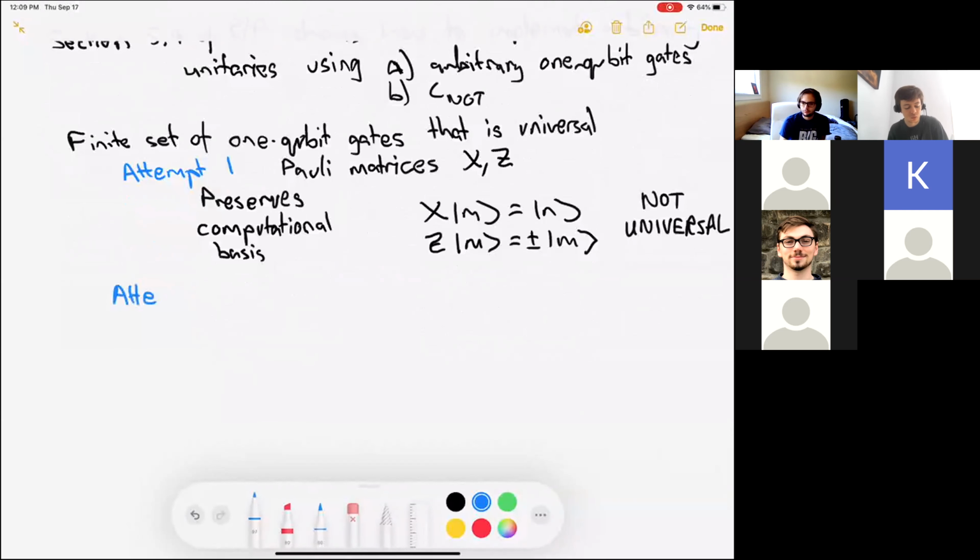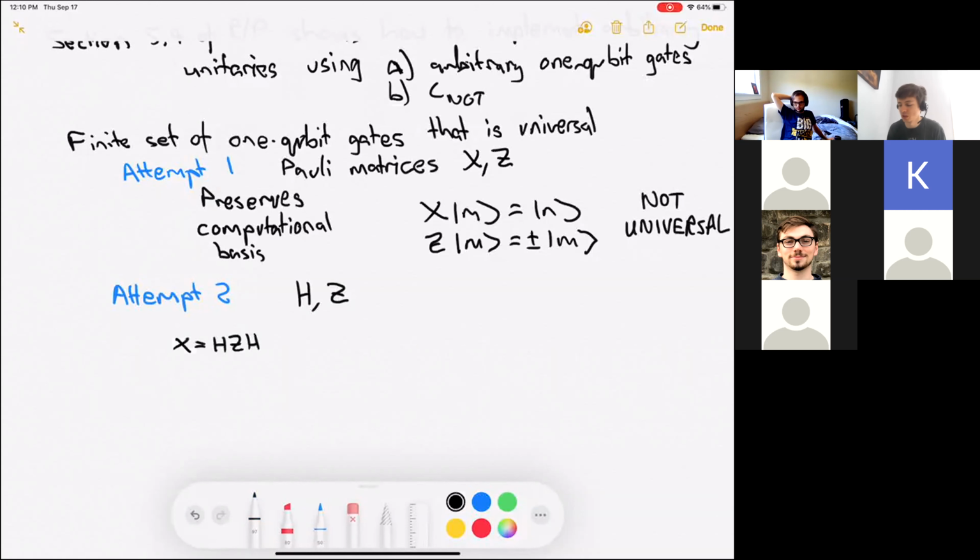Okay. Attempt 2. Well, what's the main matrix we use to get out of the computational basis? It's the Hadamard gate, right? So we can try Hadamard, and maybe we want to keep the Paulis because that was kind of useful, but we don't actually need both of them anymore because if we have Pauli Z, then we can still make Pauli X by combining, X equals HZH, right?